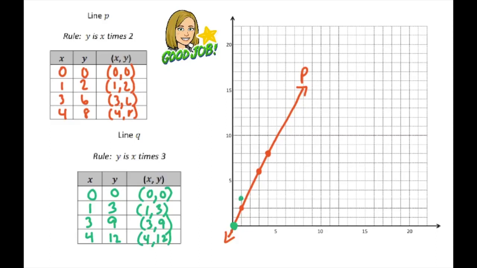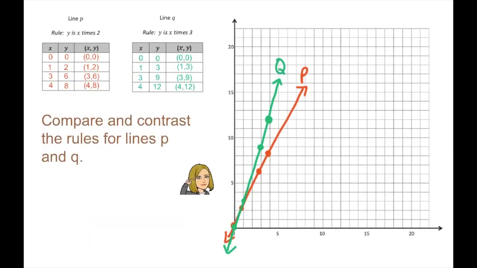At 0, 0, we have 1, 3, 3, 9, 4, 12. And then we will connect. Fantastic.